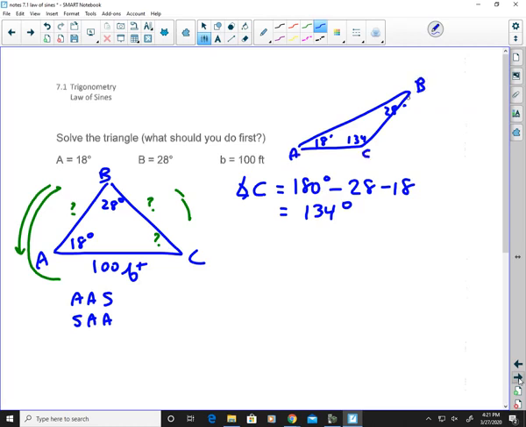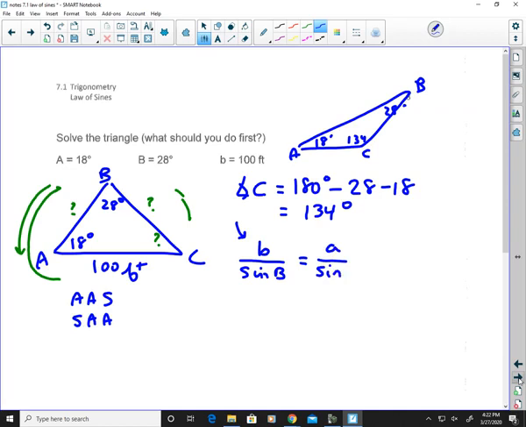So, okay. Now I'm going to try to get my sides that are missing. I know everything about angle B. So I want to use a B over sine B relationship. I'm putting the unknown length in the numerator just because it'll make it easier for me to solve. And let's go for side A first.